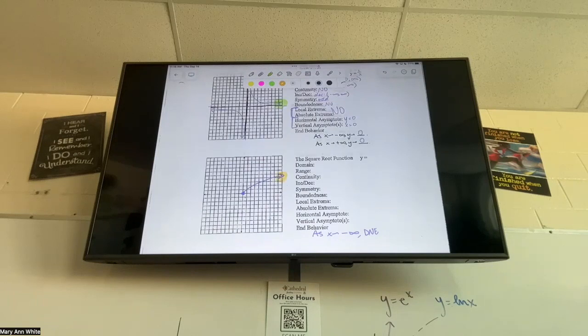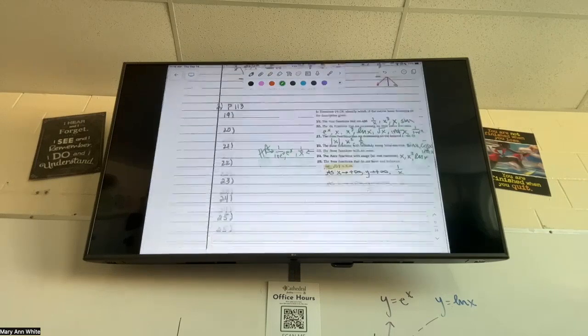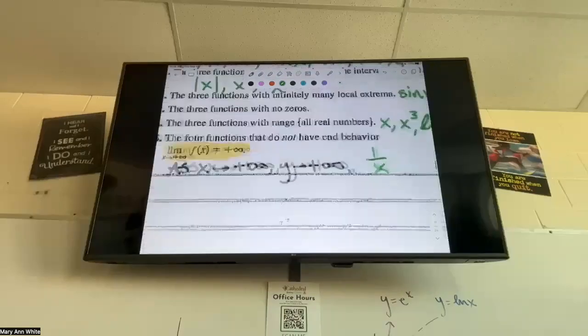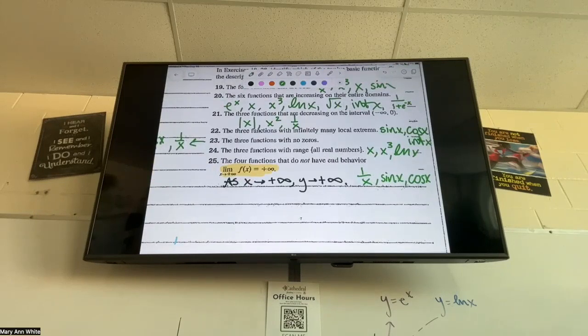Cosine. Cosine, that's one of them. Remember, cosine and sine keep waving back and forth, so they're never going to have an arrow shooting up to the top. They're going to keep waving between -1 and +1 forever. So I'm going to count sine and cosine as 2 of those. Reciprocal, sine, and cosine, and I can think of one more.